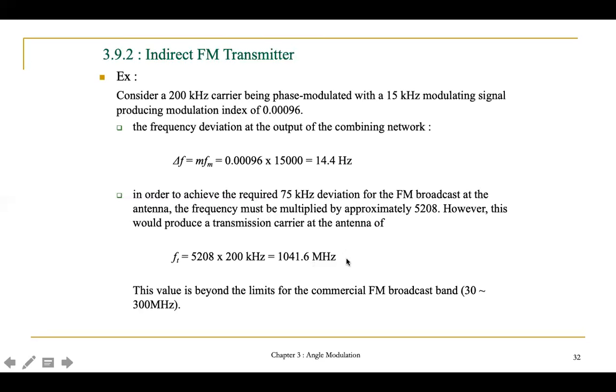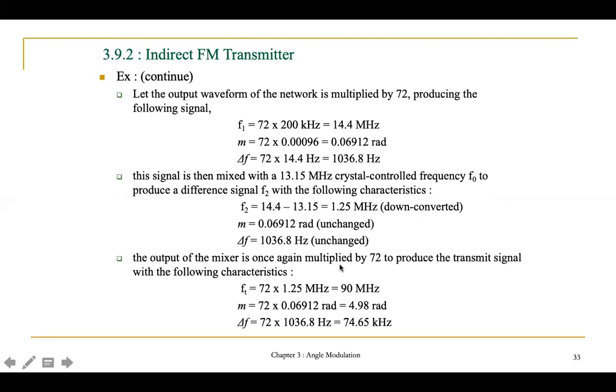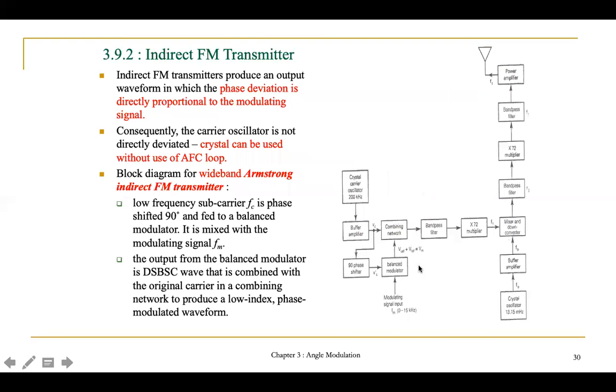Okay, so that's why you need what we call the indirect FM transmitter. So for the indirect FM transmitter, if you look here, instead of directly multiplying by 5,208, you have several multipliers. You have a 72 multiplier and another 72 multiplier over here.